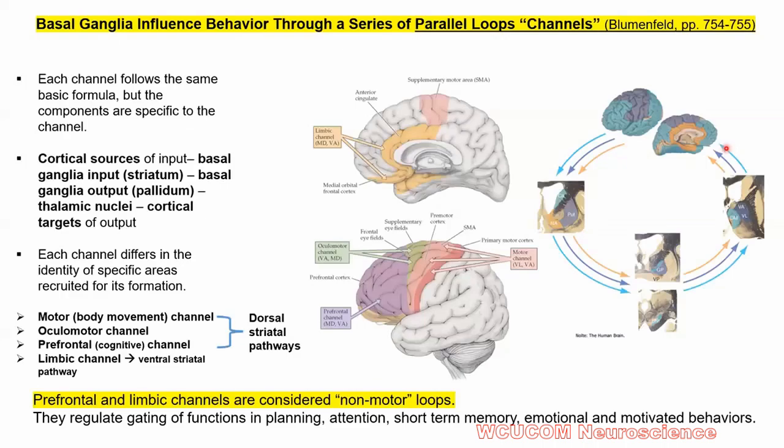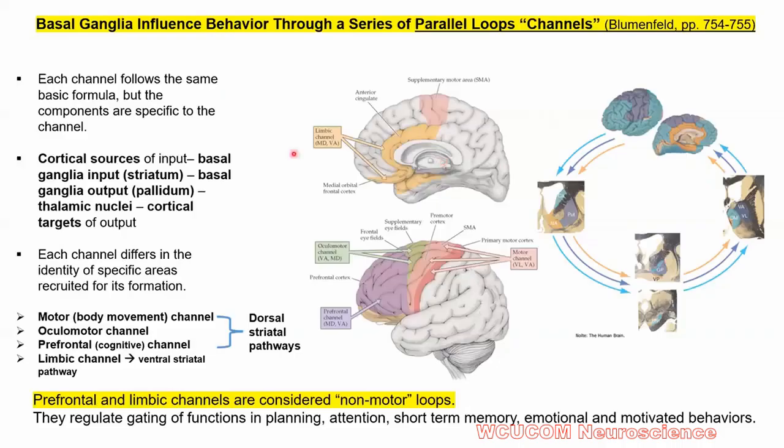These are channels organized by areas of function. Each channel follows the same basic formula, but the components, whatever is recruited in this chain, are specific to the channel.